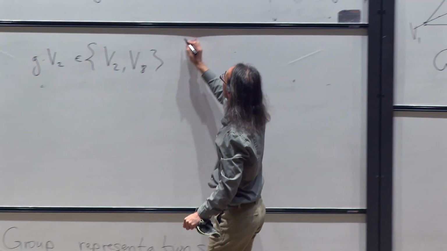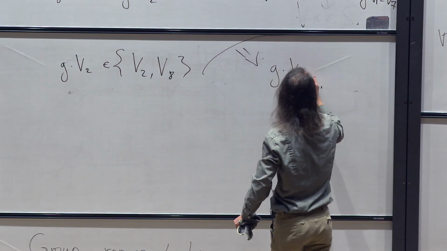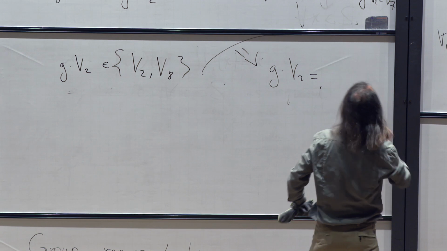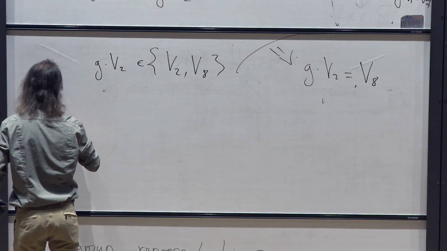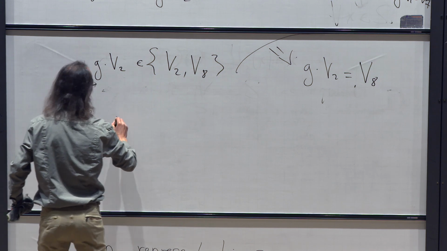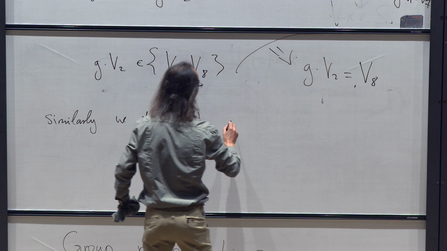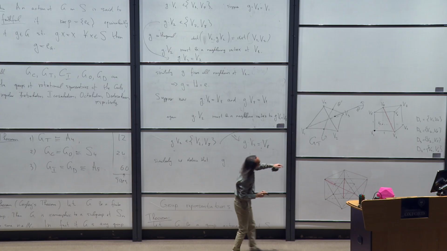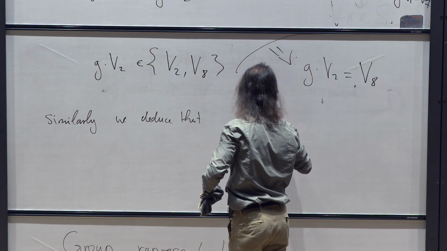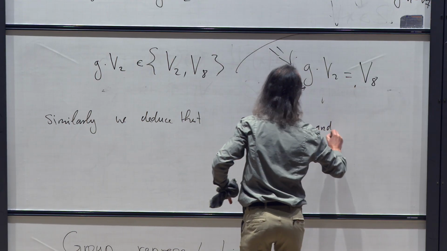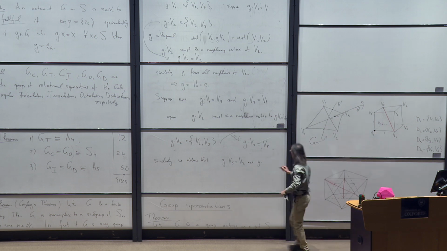So from these two, the conclusion is that G sends V2 also to its opposing vertex V8. And similarly, we deduce that G sends V5 to the opposing vertex V3, and G sends the other neighbor V4 to the opposing vertex V6.